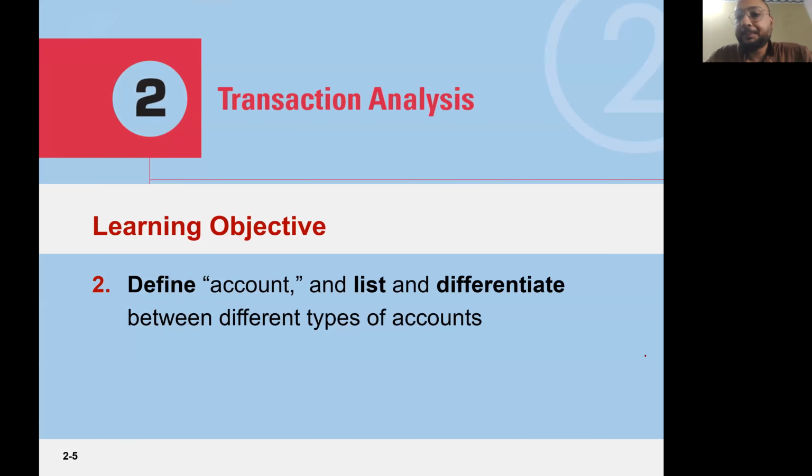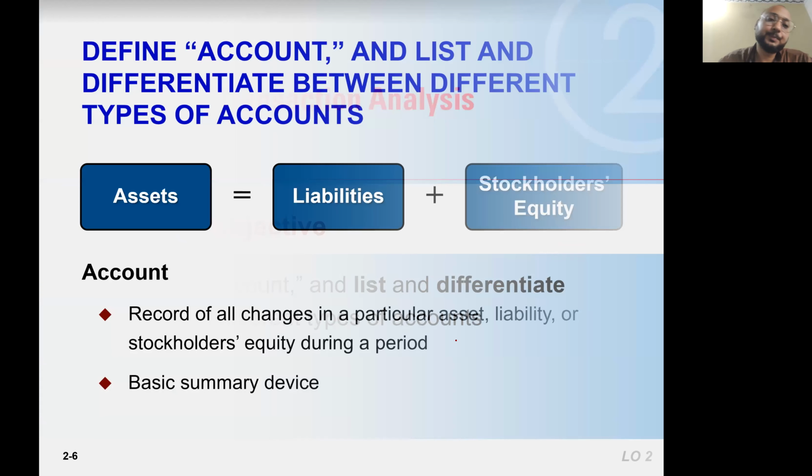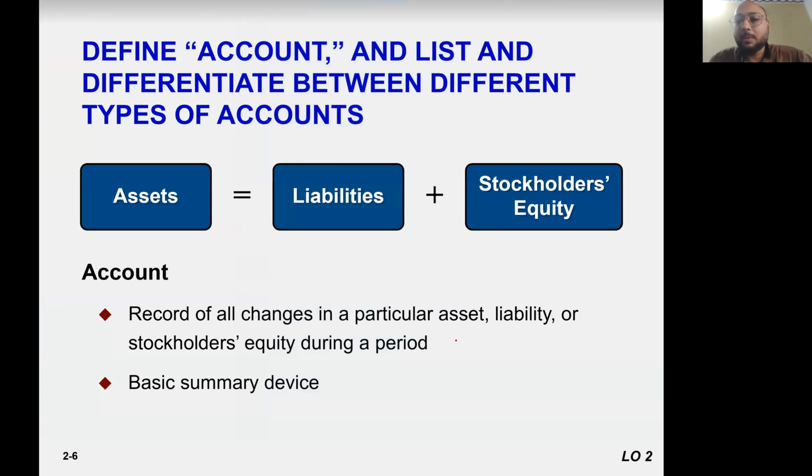And now our second objective is to define accounts, and list and differentiate between different types of accounts. Here we go. So we talk about assets equal to liabilities plus owner's equity. So what are the accounts?